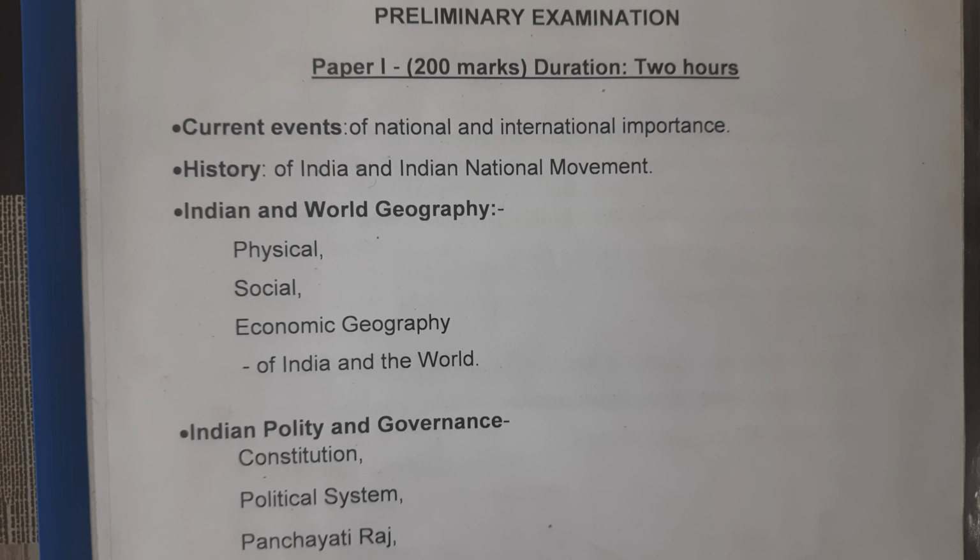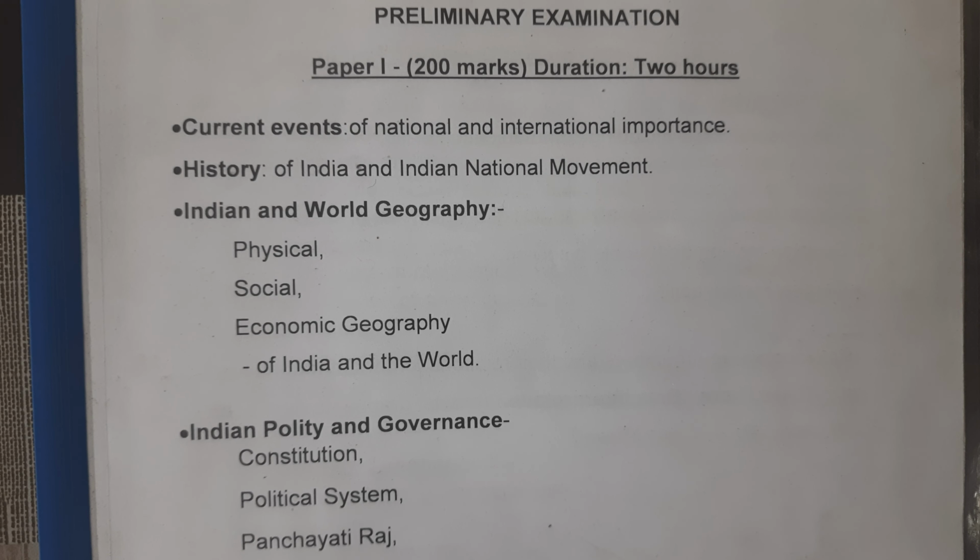The marks of the first paper, called Paper 1 or GS1, general studies 1, are the only ones taken for deciding the merit in the preliminary examination. The Paper 2 is just a qualifying paper, but you have to score around one third, or 33% marks, to qualify that paper. Once you qualify, the marks from Paper 1 will be counted. So merit is based on Paper 1. The more you score, the better your chances. So that is the preliminary examination.